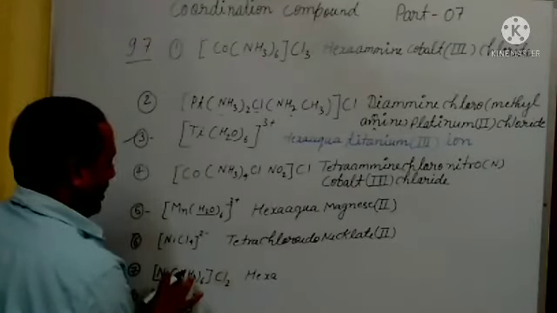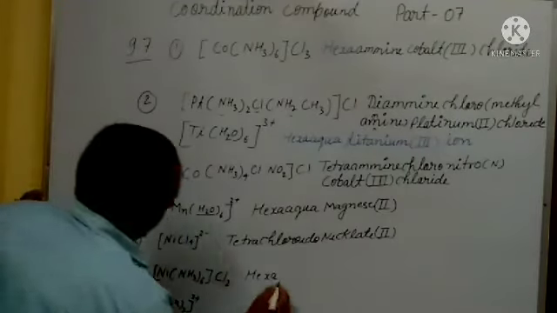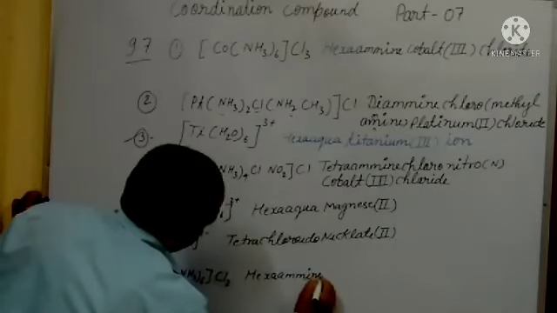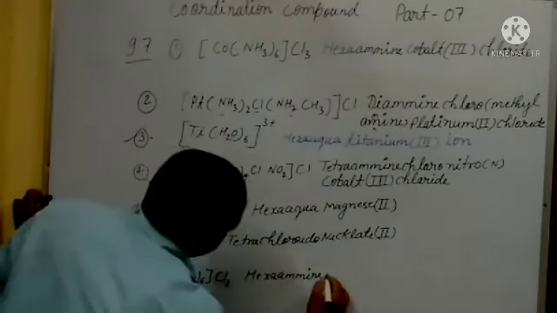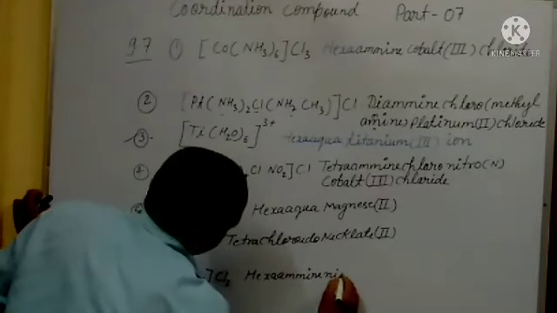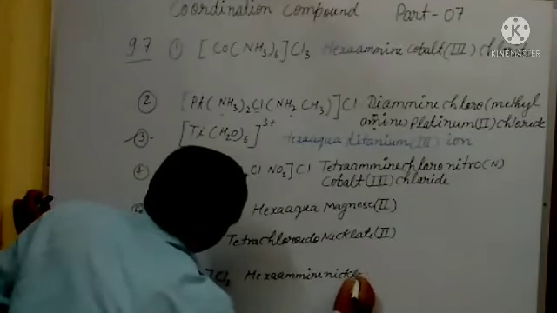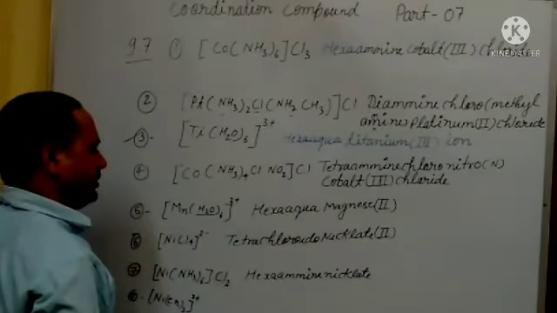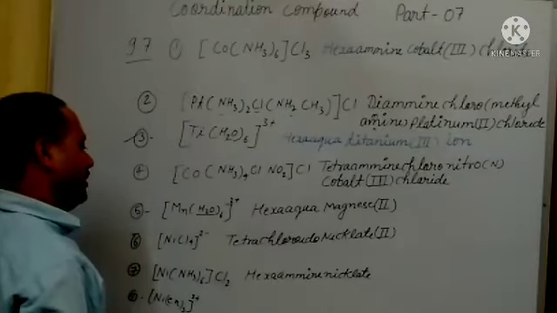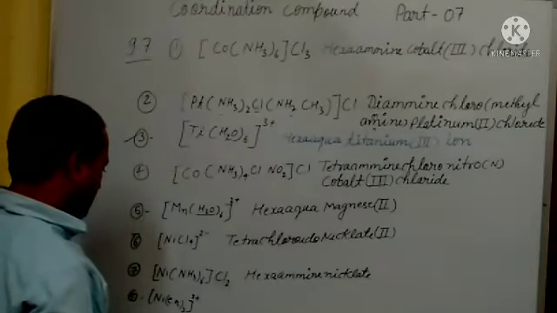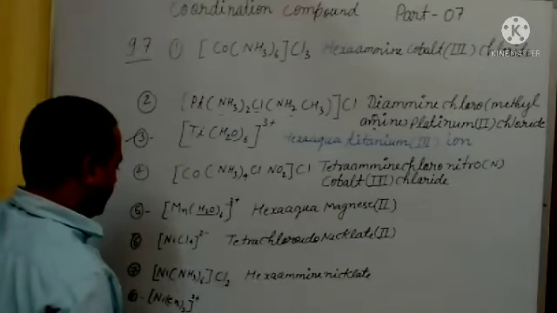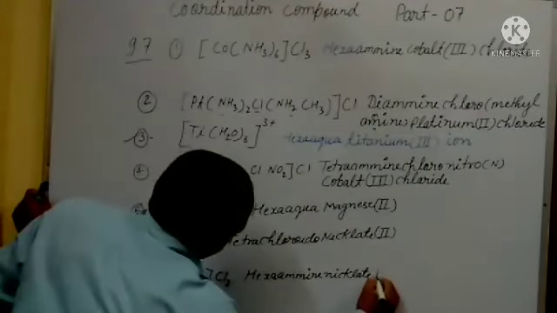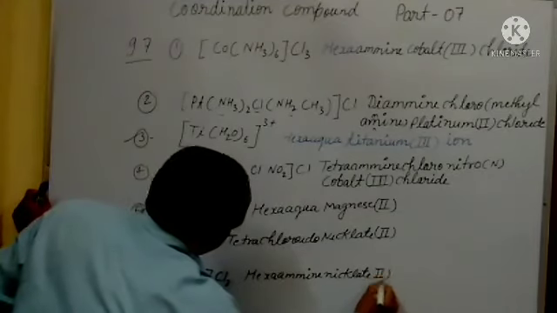Then ammine is there, so we write hexaammine. Hexaamminenickel, with the oxidation state 2 in brackets.